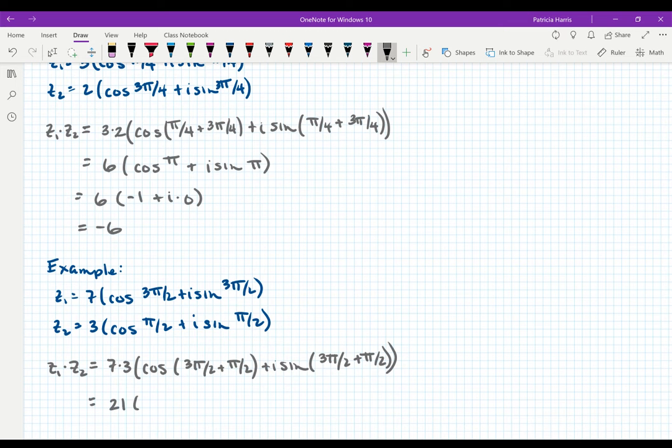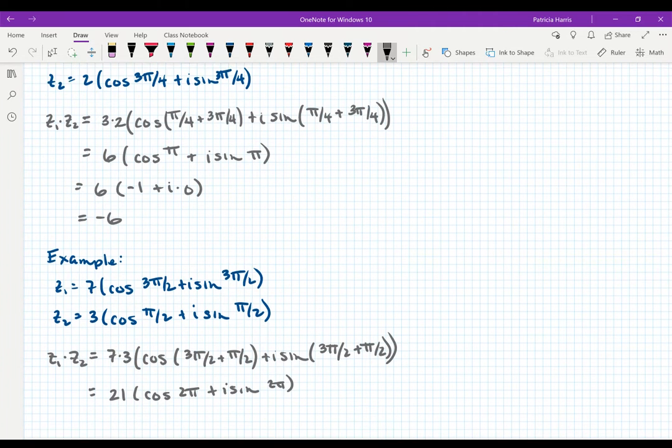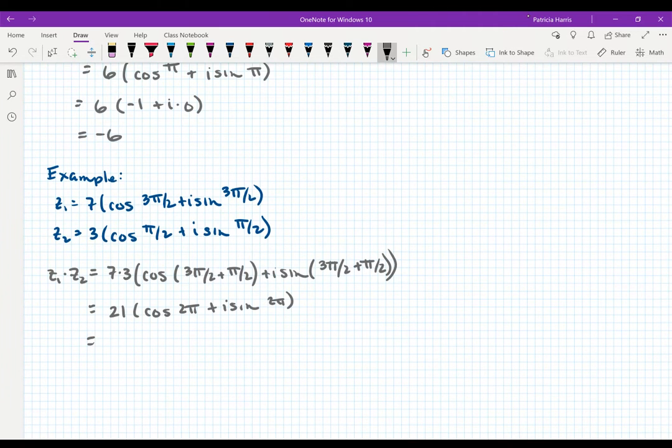Let's see, 3 pi over 2 plus 1 pi over 2, that's 4 pi over 2, which is 2 pi. So cosine 2 pi plus I sine 2 pi. So we're going to simplify that. So 21, cosine of 2 pi is 1. Sine of 2 pi is 0. So 21. So that's pretty straightforward. It's just the application of a formula.